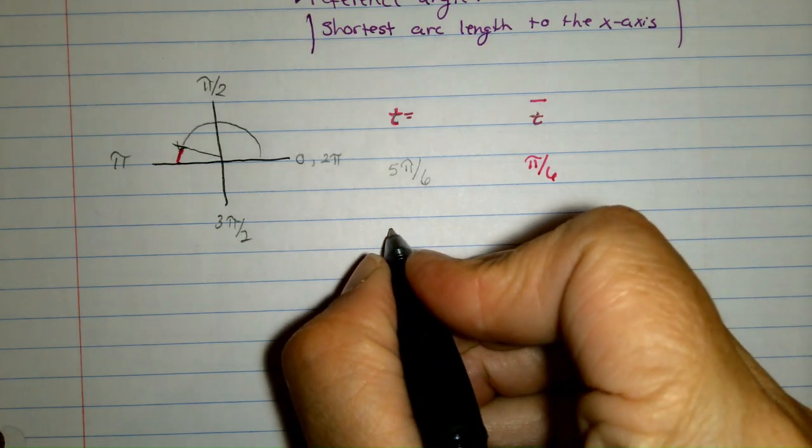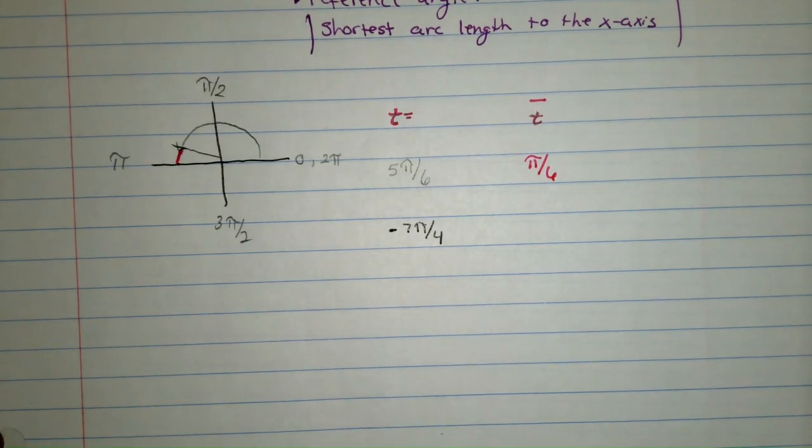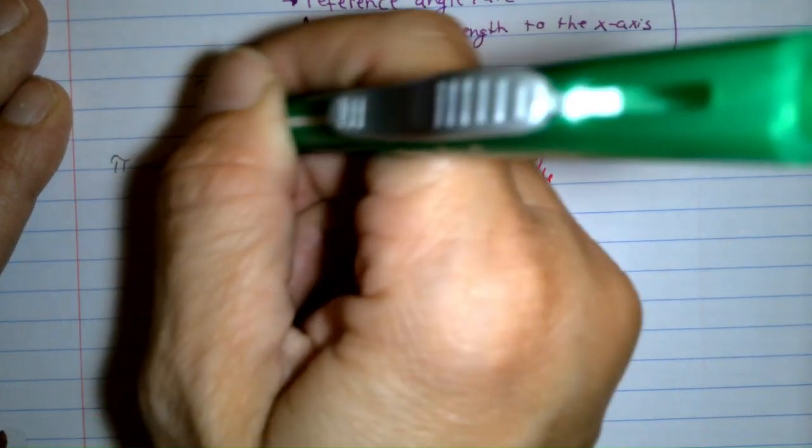What about negative 7 pi over 4? Let me erase most of that.